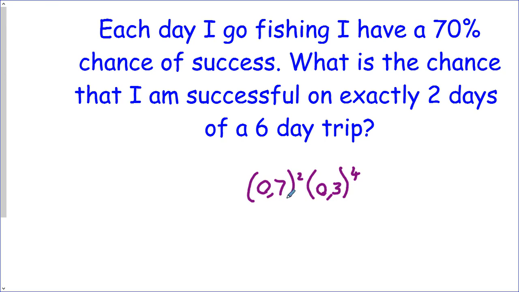It's a binomial distribution. There are only 2 outcomes. And then there are a number of different combinations in terms of which days I could catch the fish on or not catch the fish on. So over here, I'm going to put either 6 combination 2 or 6 combination 4. And let's just have a look at what that comes out to.